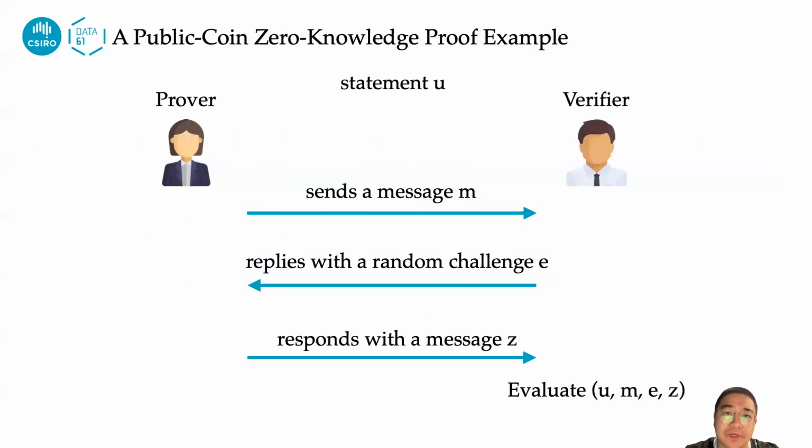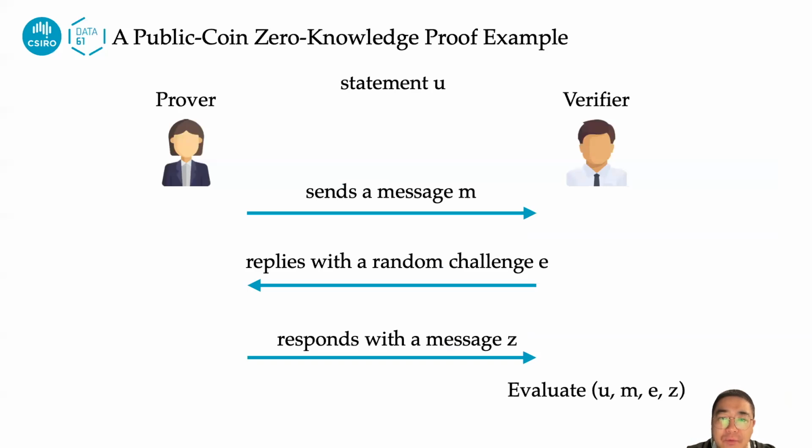Our range proof is constructed from public coin protocols. Let me firstly give a simple example on how to construct such a zero-knowledge proof. A zero-knowledge proof is an interactive protocol between a prover and a verifier. You can prove the knowledge of a secret without revealing it. A prover sends an initial commitment.